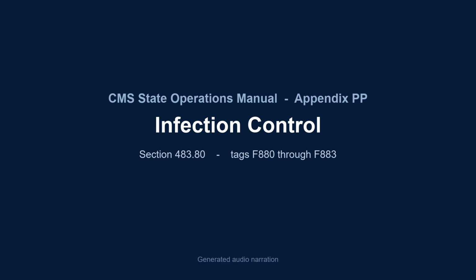4 Spellberg B., Bartlett J.G., and Gilbert D.N., January 24, 2013. The Future of Antibiotics and Resistance. The New England Journal of Medicine, 368, 299 to 302. 5 The White House, 2014. National Strategy for Combating Antibiotic-Resistant Bacteria.